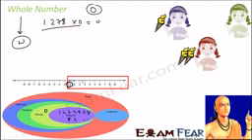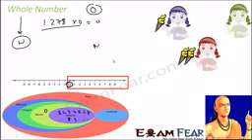Okay. So if you see, my question is, are all the whole numbers natural numbers? Answer is no, because 0 is a whole number which is not a natural number. Second question is, are all the natural numbers whole numbers? Answer is yes.